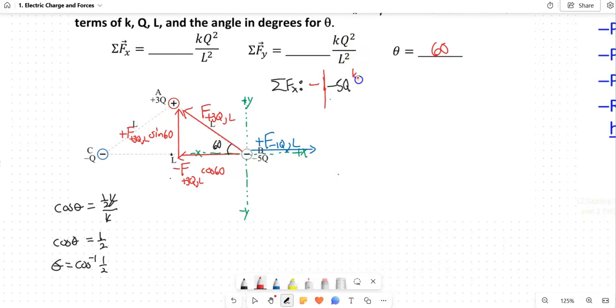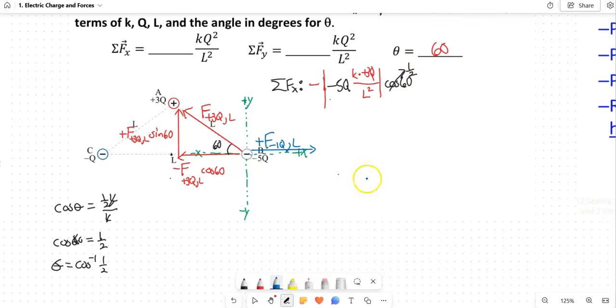The positive 3Q's electric field is acting on it, and it's a distance L away. And that's going to be the cosine of 60 degrees. I think the cosine of 60 degrees is 1/2, which we just found out. So since we found out this is 60 degrees, that's 1/2. So I'm just going to say this goes to 1/2.